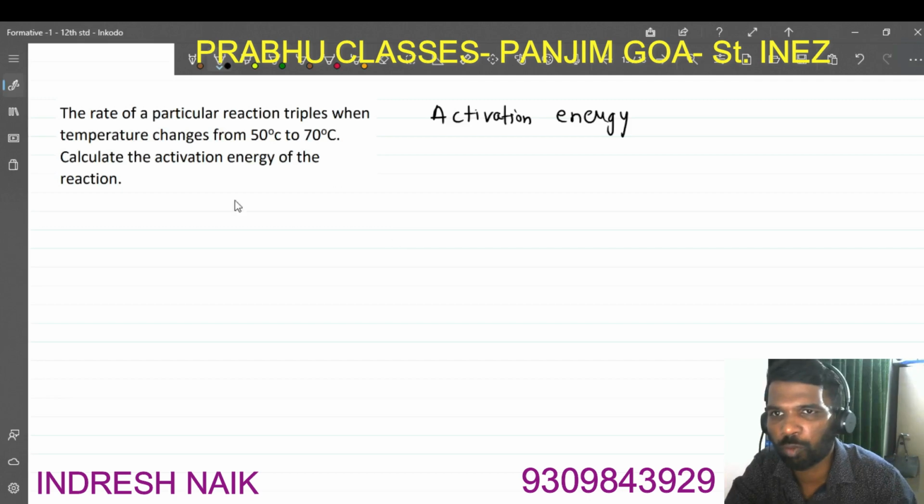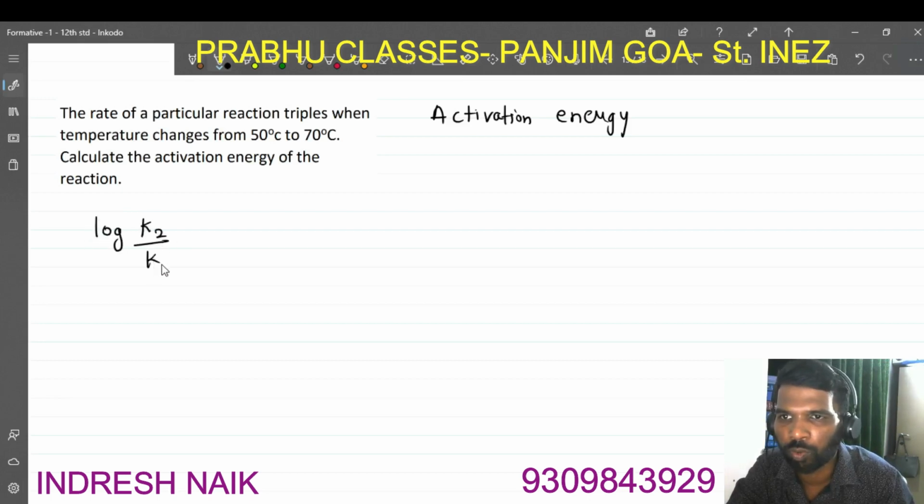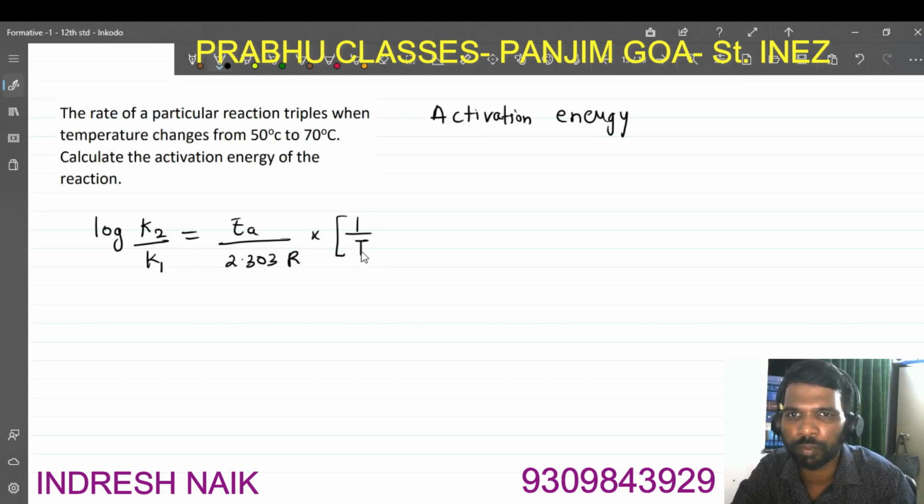So what is that formula? I'll just give you a brief idea of how we do this, or we'll write the formula. The formula is log of K2 upon K1 equals EA upon 2.303 R, multiplied by 1 upon T1 minus 1 upon T2.